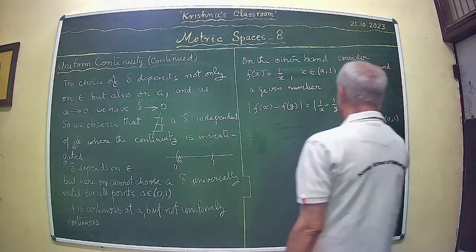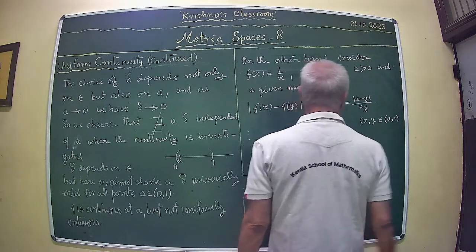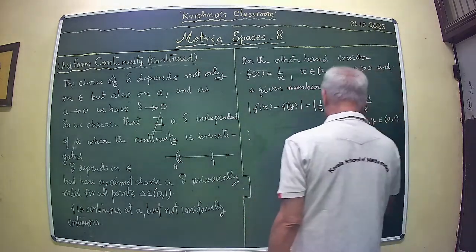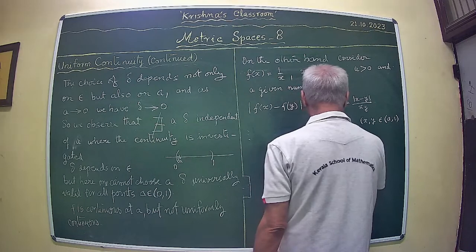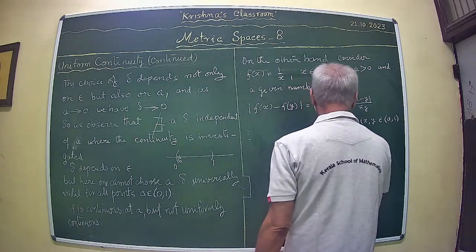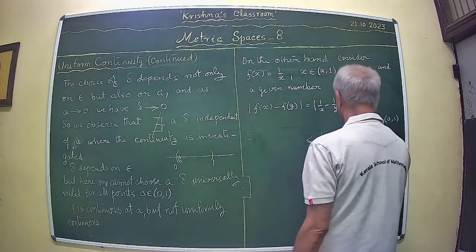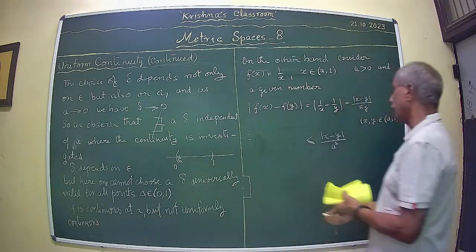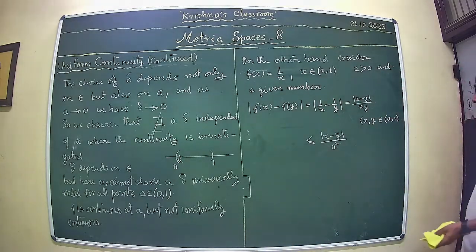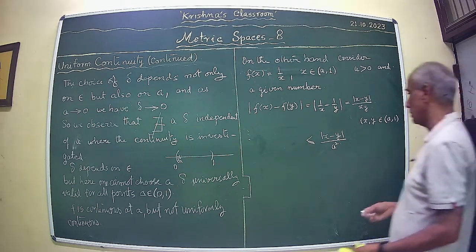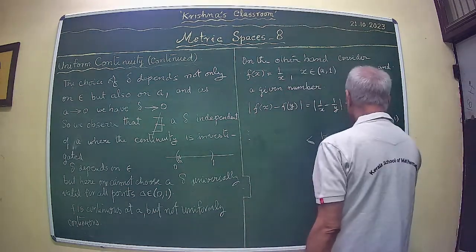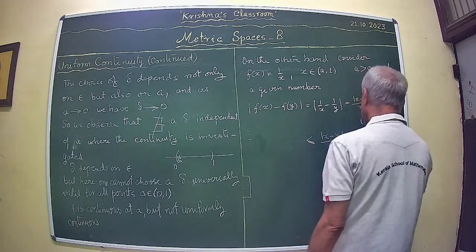Now you can show that this is less than or equal to mod x minus y divided by a square.